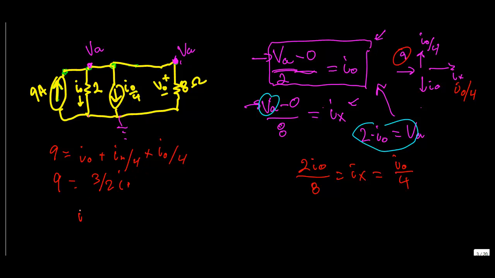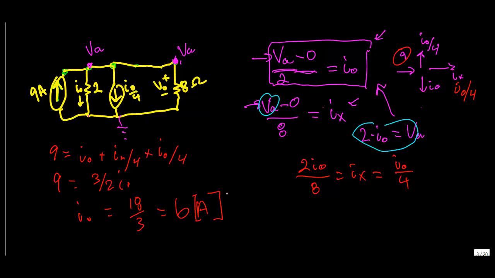And then we can say I/O is equal to 9 times 2, which is 18, divided by 3, and I believe 6 goes into 18 3 times, so I/O is equal to 6 amps.